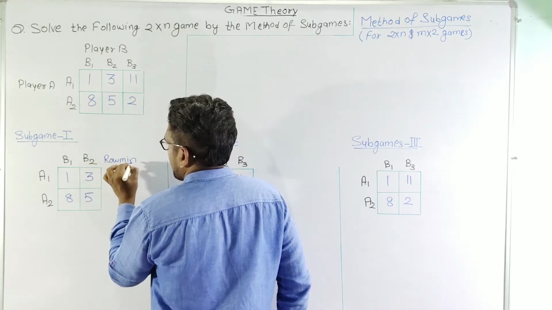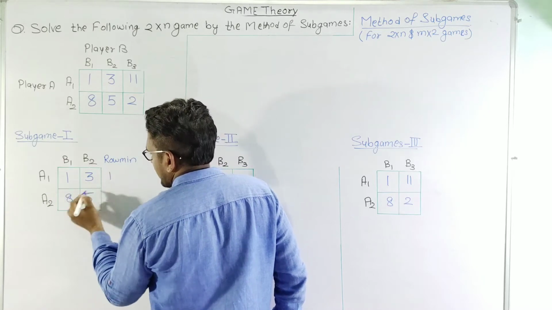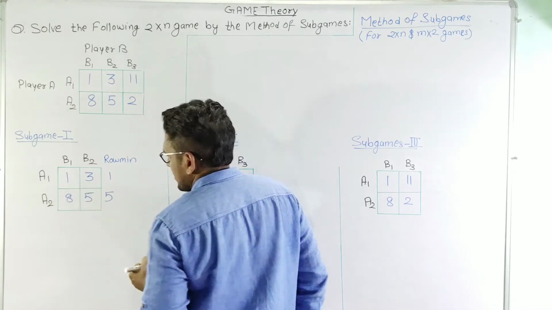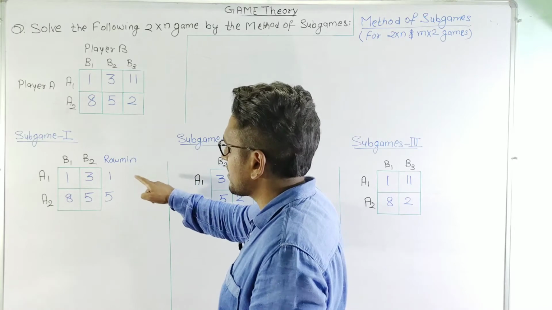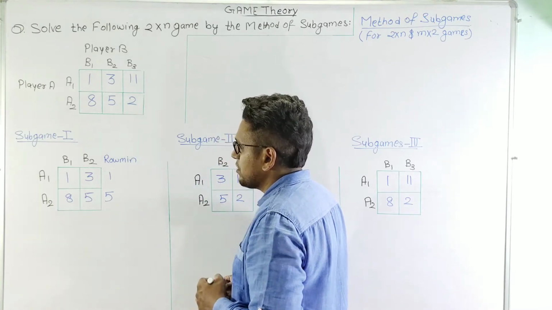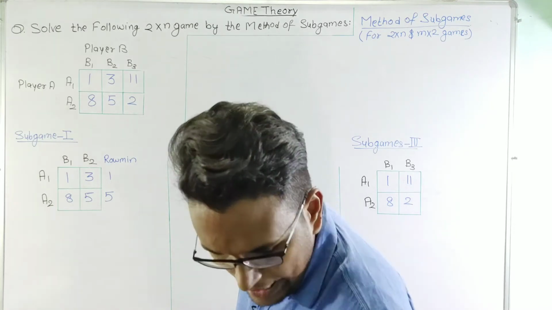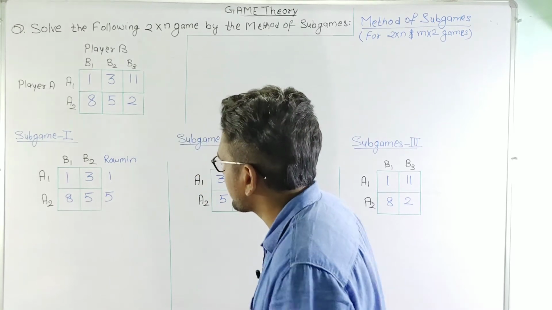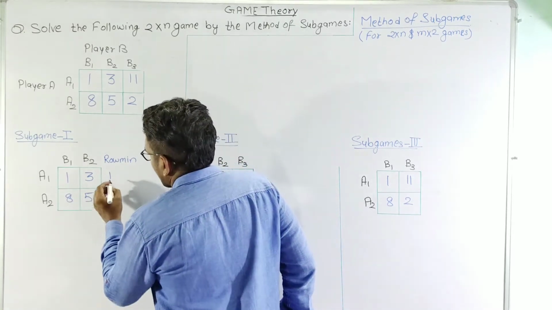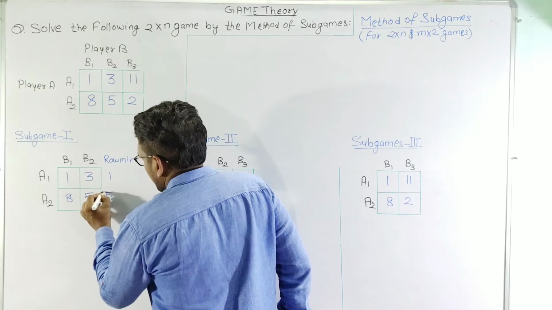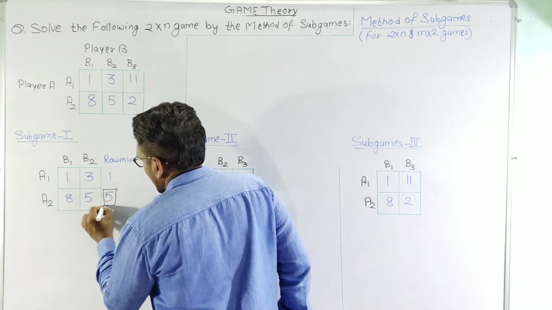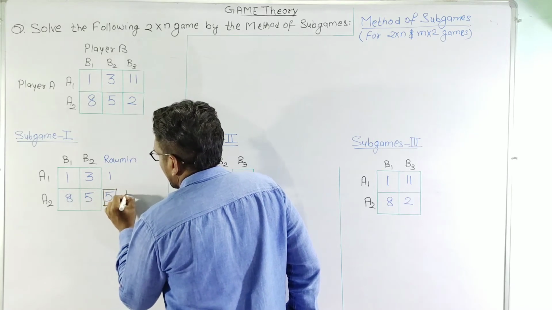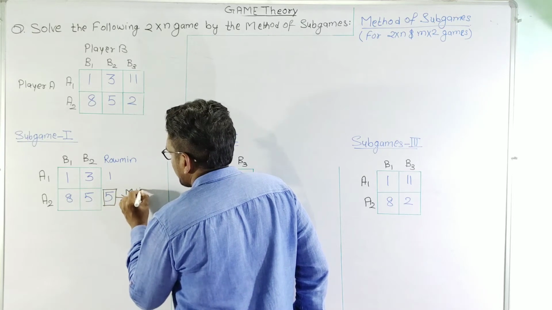The row minimums are 1 and 5, and among these values the maximum value is 5, so this will be the maximin value.